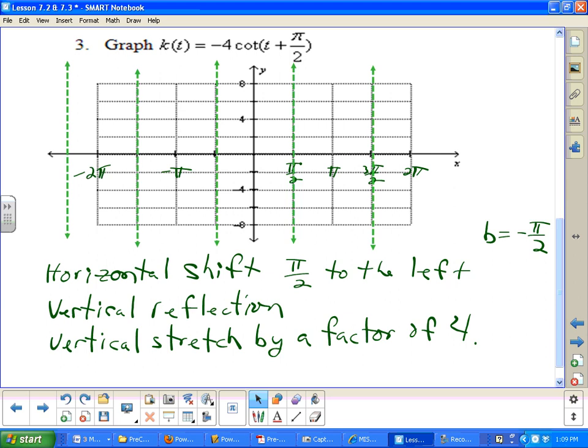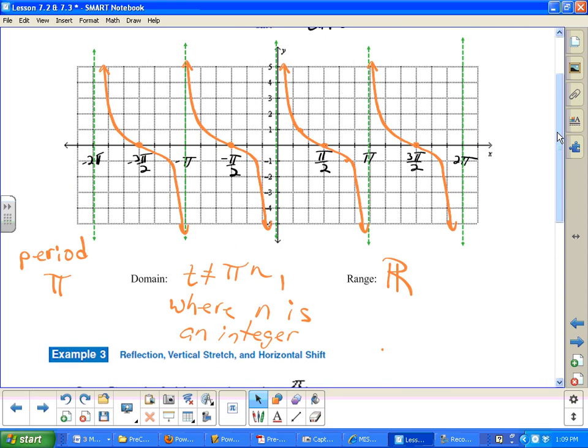So, here's the thing, okay? Where did we start? We just started right here between 0 and pi, correct? So I'm going to take all of those values and just shift them to the left pi over 2. So what's 0 times negative 4? 0.